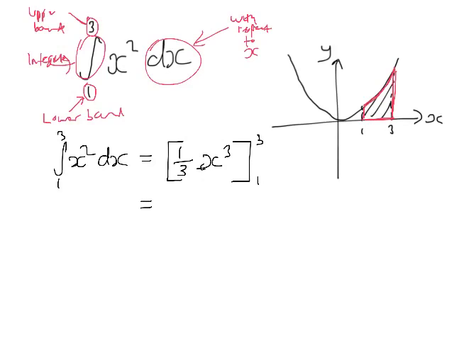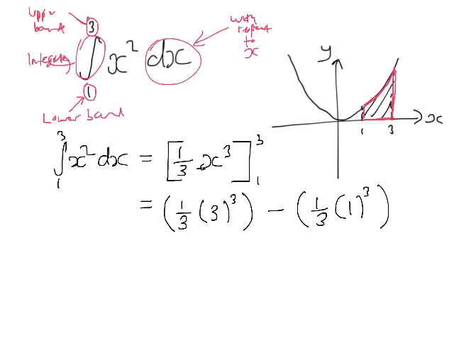So now we're going to evaluate this function at these two bounds, 3 and 1. We're first going to evaluate it at our upper bound. So it's going to be a third times 3 cubed, and we're going to subtract the value of our integral at the lower bound, a third times 1 cubed.